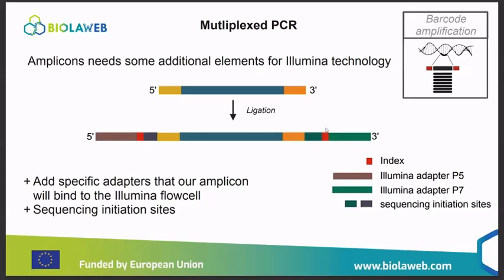And all the reads, all the amplicons that have index 1 and index 2 belong to this sample. And reads from another sample will have index 1 and index 3, for instance. And then you can say, okay, they are from this sample. Yeah, it's just a label. It's a combination of sticky notes in the DNA world.